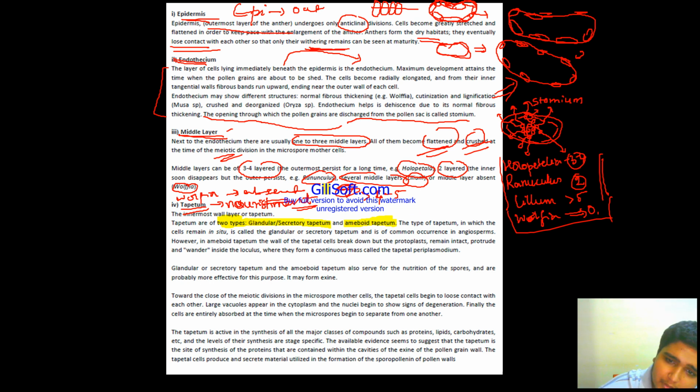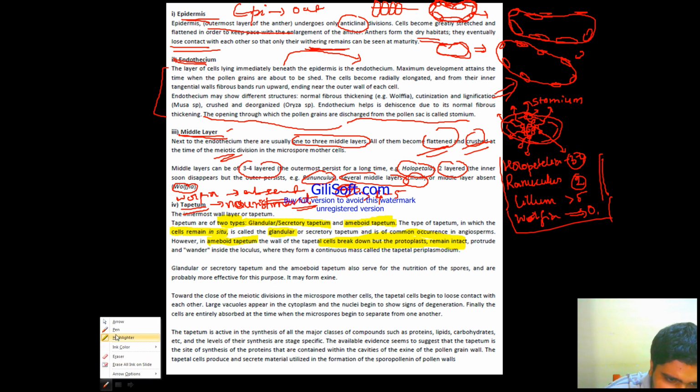Okay. Now understand this. Cells remain in situ. Then it is called glandular or secretory tapetum. And if the cells break down but the protoplast remains intact, then it is called amoeboid. Which means what? Consider tapetum as a layer.